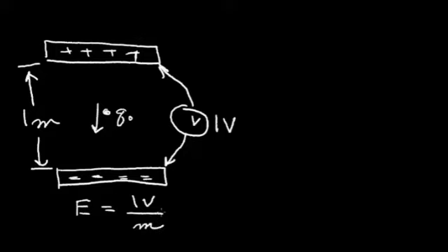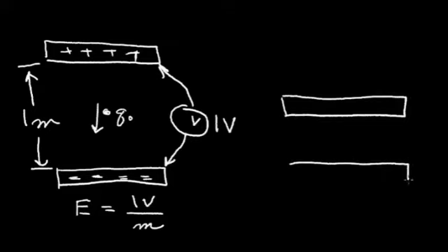Let's say that I want to make this electric field stronger. How can I do that? One way I could do that is I could space these plates closer to each other. And let's presume I have the same charge.